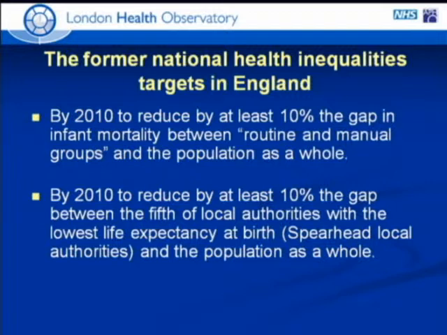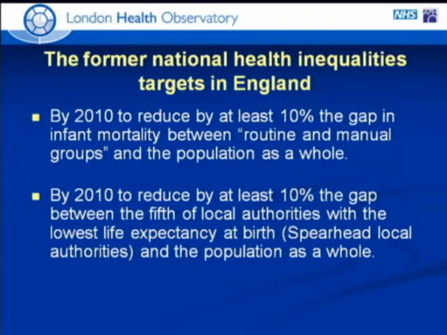So that would be an occupation like builders, labourers, some routine jobs like working on a cash register in a shop, those sorts of things. So the target was to reduce the gap in infant mortality between the population as a whole and babies whose fathers were in those kinds of occupations. So that was one target that they set up.